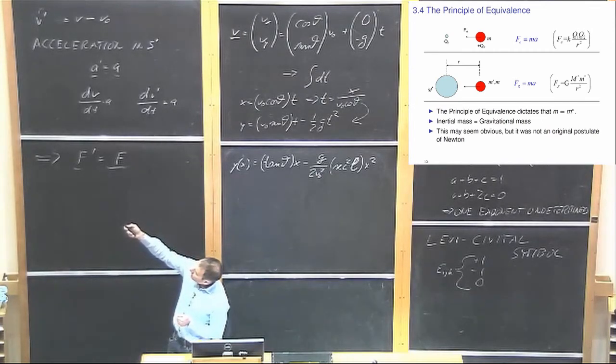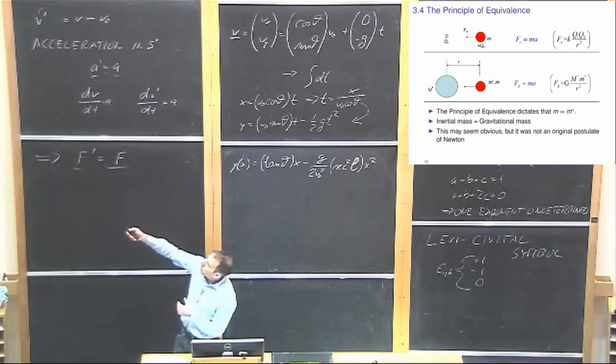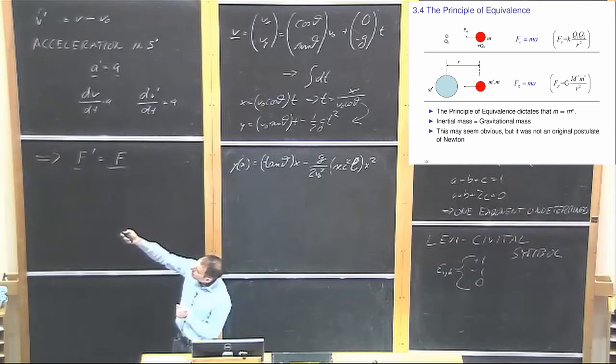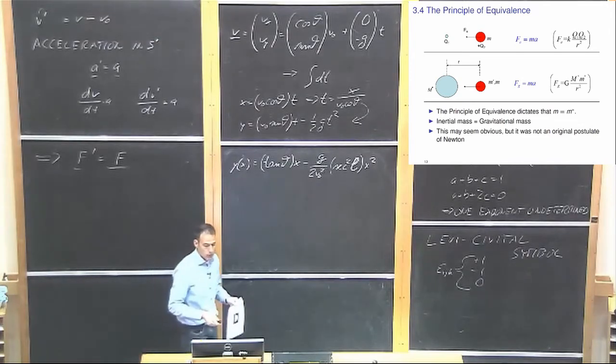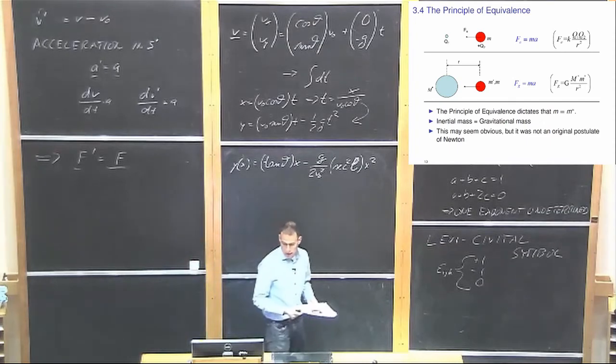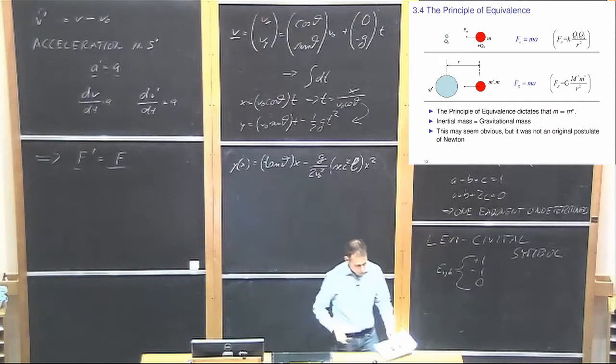If you look at the force attracting two bodies, you have a property of the body that leads to some kind of attraction. The principle of equivalence dictates that these two masses, the mass resisting acceleration and the mass creating that force in gravity, are the same. It seems obvious, but it wasn't part of Newton's initial postulates.